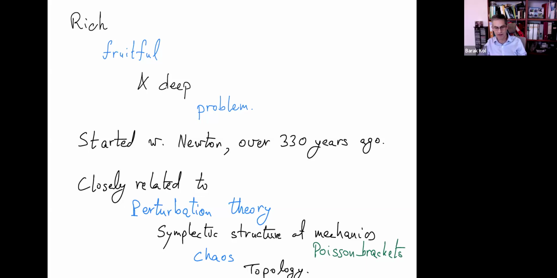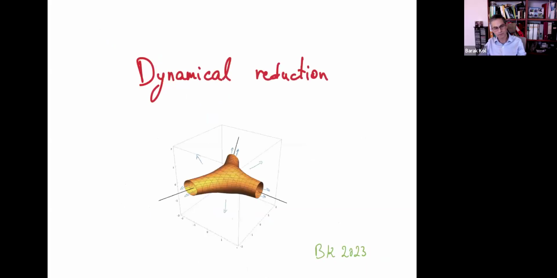All of these really started from the 3-body problem. But today I will not focus on the history, just to give us some flavor of the background. And we start immediately with the dynamical reduction.